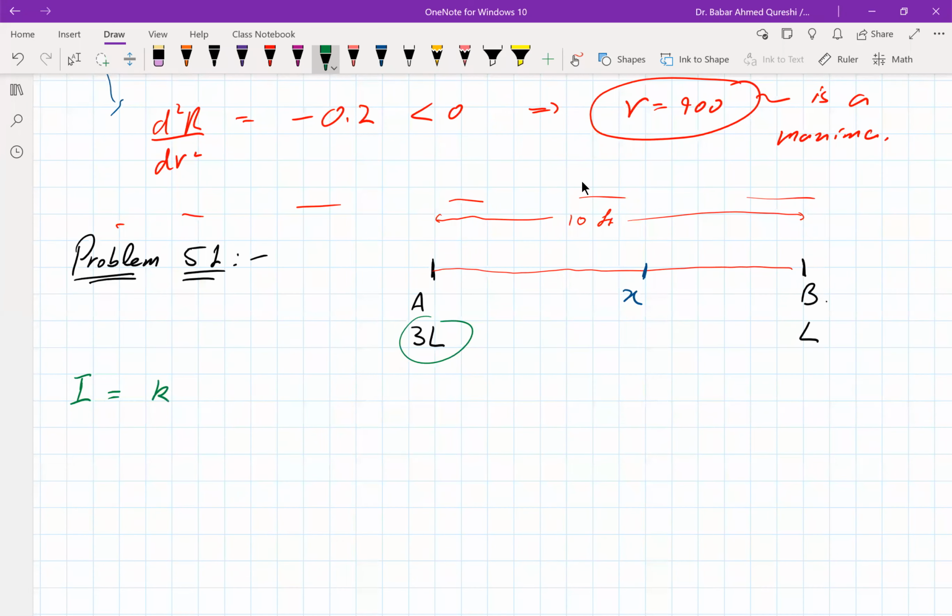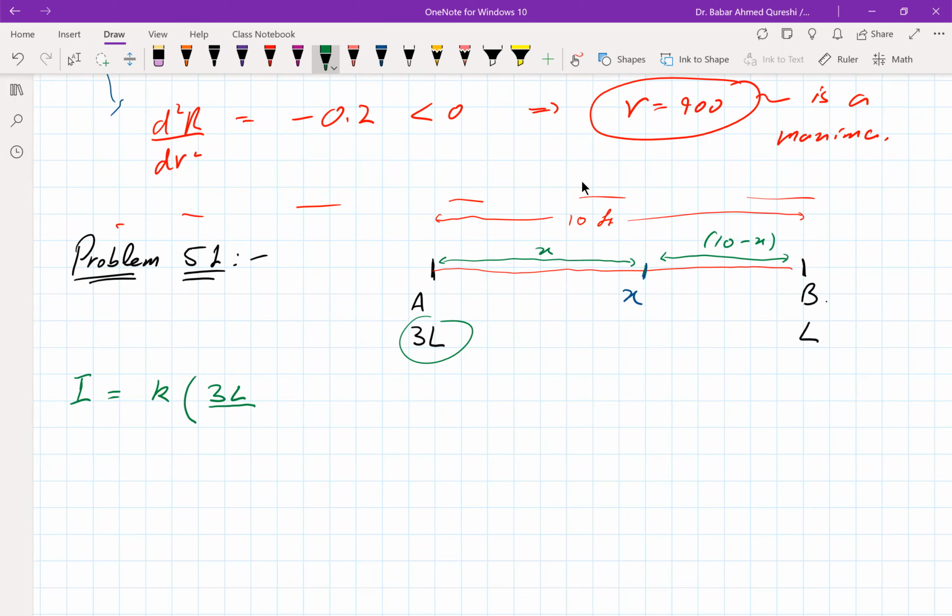So I can include a constant. It doesn't matter even if you don't, it's just going to drop out. Let's say this distance I'm counting from here is x, then this distance is 10 minus x.